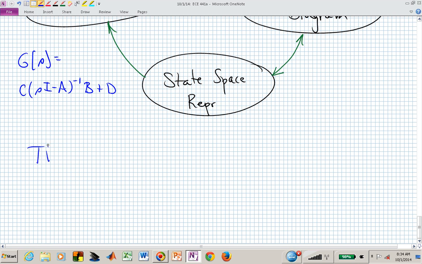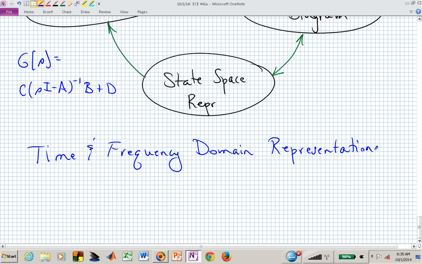What we want to do now is look at the time and frequency domain representations. So when I say frequency domain, you may think transfer function or S-domain block diagram.